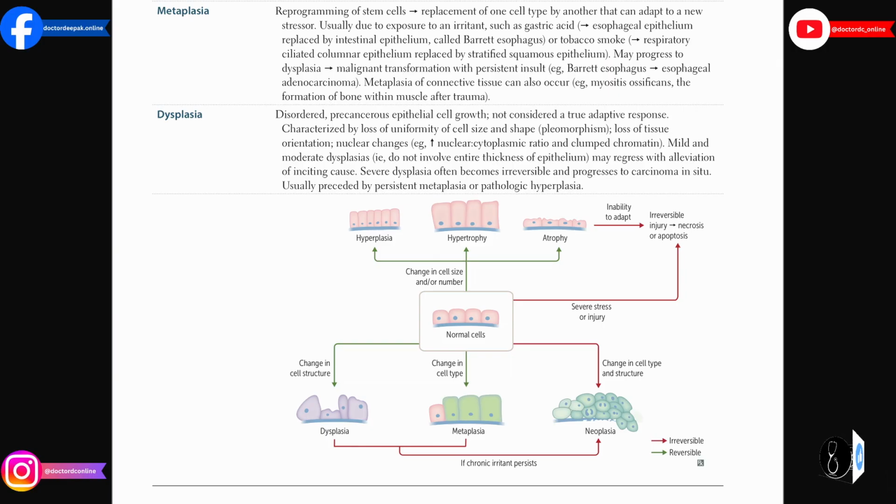When the cell structure is changed, it is called dysplasia. That is how you can define metaplasia and dysplasia. A change in cell type is metaplasia. A change in cell structure is dysplasia. And if you do not remove the stress, metaplasia and dysplasia can progress into neoplasia. It means they can progress into cancer, which is a change in cell type and cell structure.